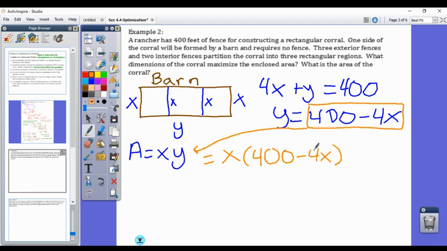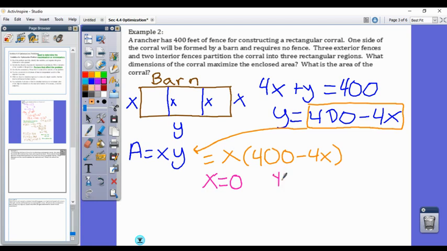Now, before I FOIL that out, this right here is going to tell me my 2 limits for x. So I could have x equals 0 from this first part right here. So x could be 0, which really wouldn't make a lot of sense, right? But just work with me.